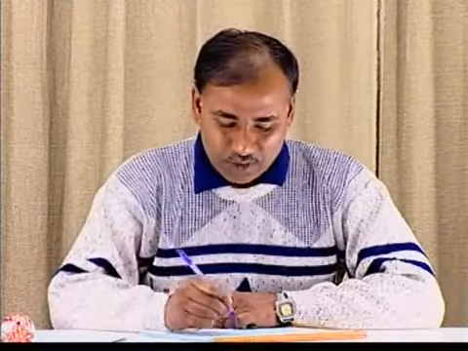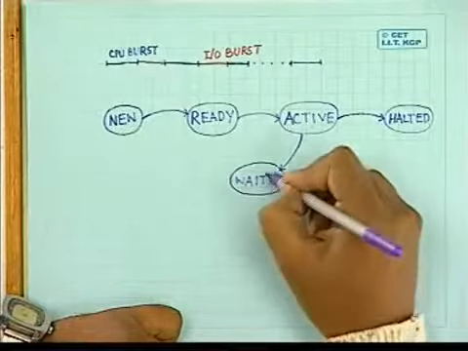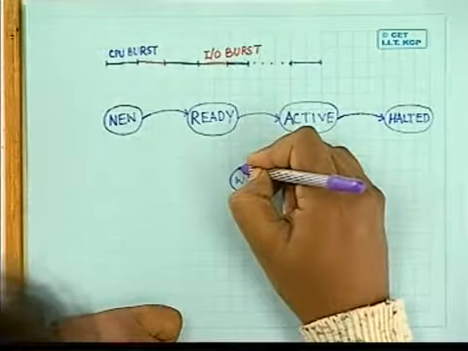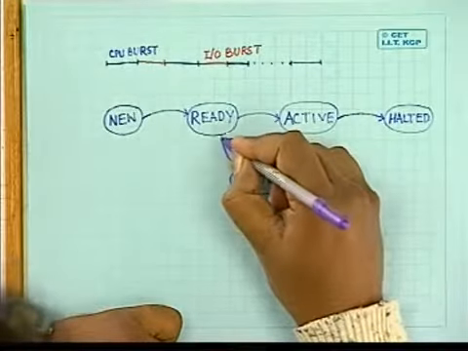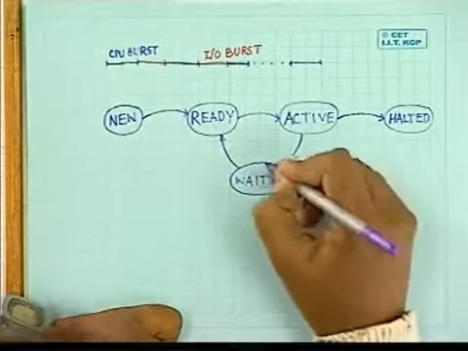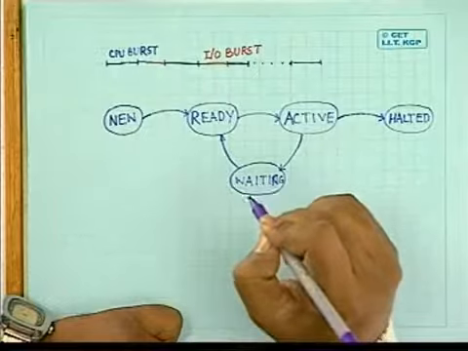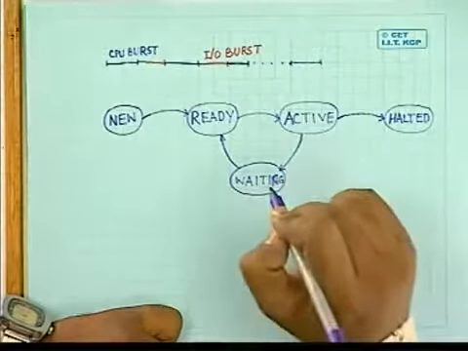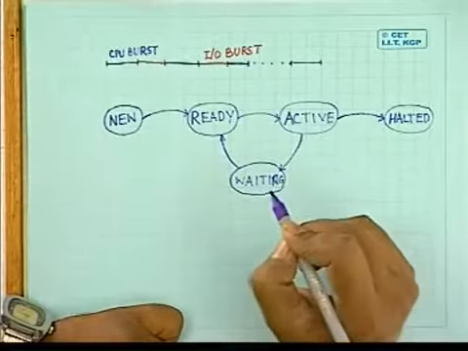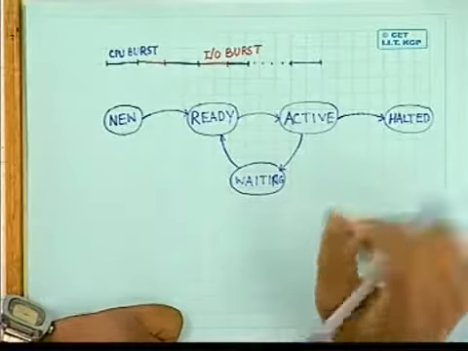So if that is not yet complete, I cannot move this waiting job to active state immediately. So what we do is, from the waiting state, you move the job to the ready state. Okay, that means it is again in the ready queue. The job becomes ready, and again the CPU scheduler later on decides when to give this job to the CPU for execution of the next CPU burst.